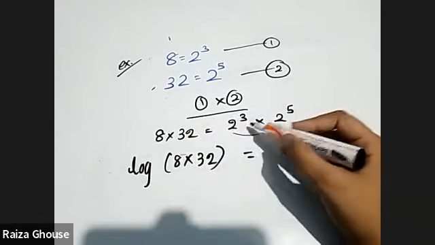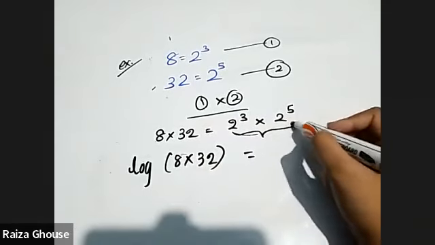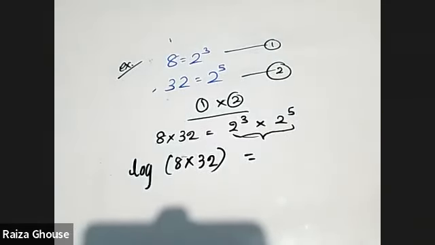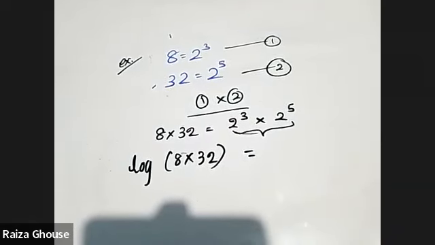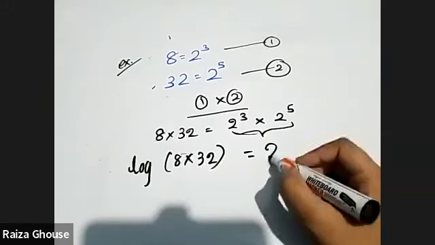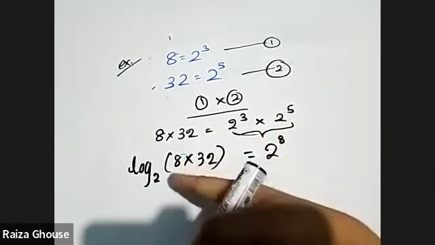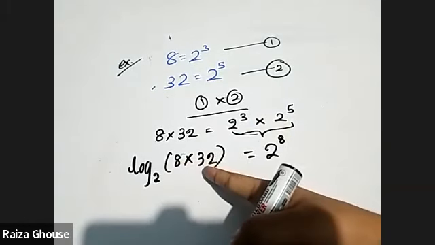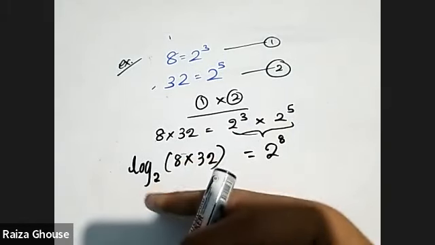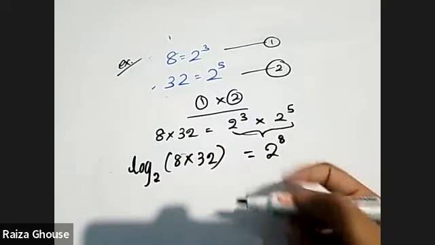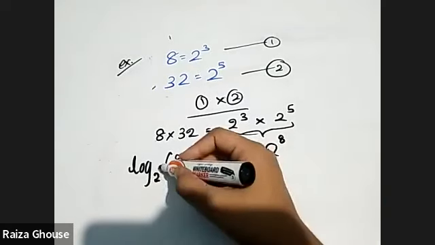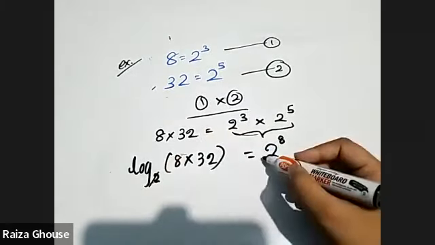Now according to the laws of indices, I should write 2 to the power 8. Here I had to put the base 2 because 8 and 32 are powers of base 2. Now I can go to the next step. This 2 and this 2 I can cancel.